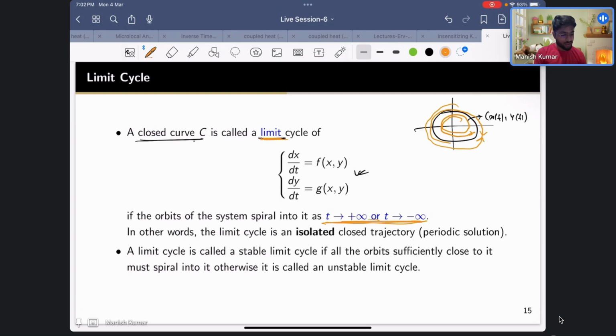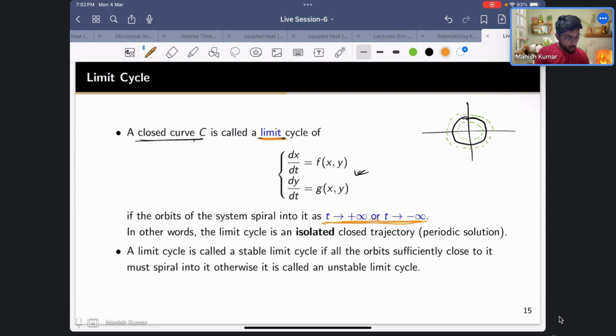So this was one definition. The other, simplest definition is: suppose this is a curve. It is a limit cycle of this system if it is an isolated closed orbit. What does it mean? If you take any neighborhood around this closed trajectory, there exists no other closed curve or cycle.